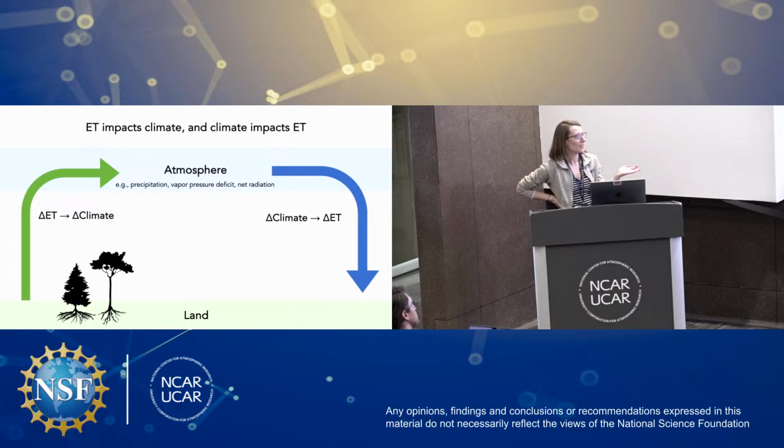Changing the land water flux also controls the relative humidity and temperature of near surface air, so directly controlling the VPD. And we also see cloud responses to changes in ET, which influence net radiation. So there's the potential for the atmospheric response to evapotranspiration to feed back on the land surface change itself.